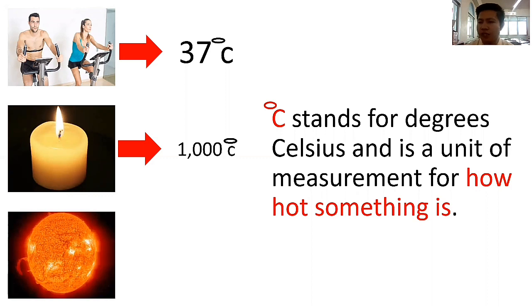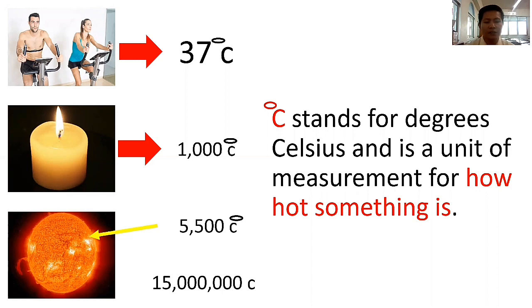The surface part of the sun has 5500 degrees Celsius. How about at the center part of the sun? It has 15 million degrees Celsius.